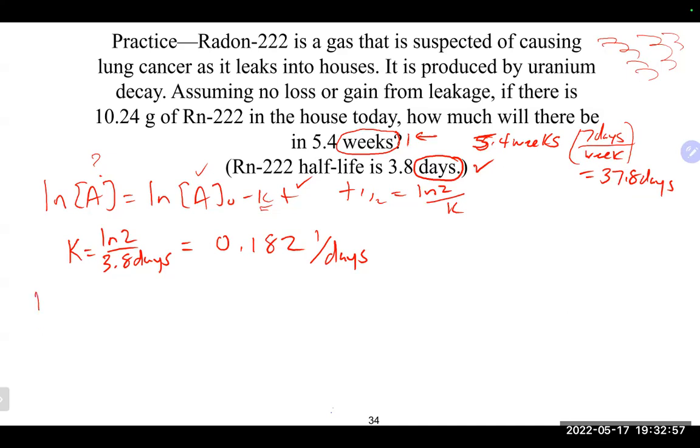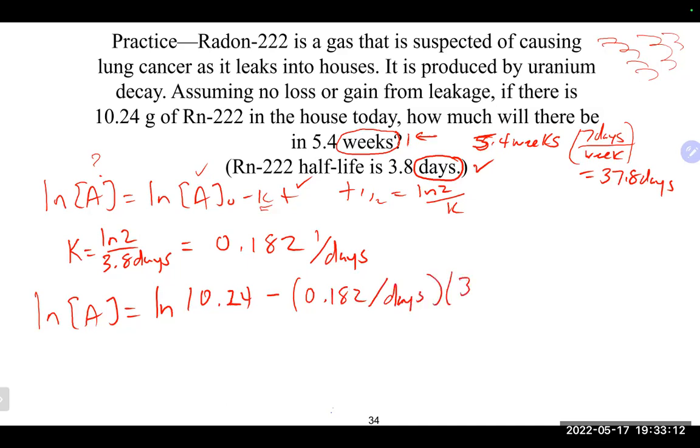So we could go in: natural log of A is going to equal the natural log of our original, which was 10.24, minus our 0.182 reciprocal days times our 37.8 days. So once again here, the days will cancel.